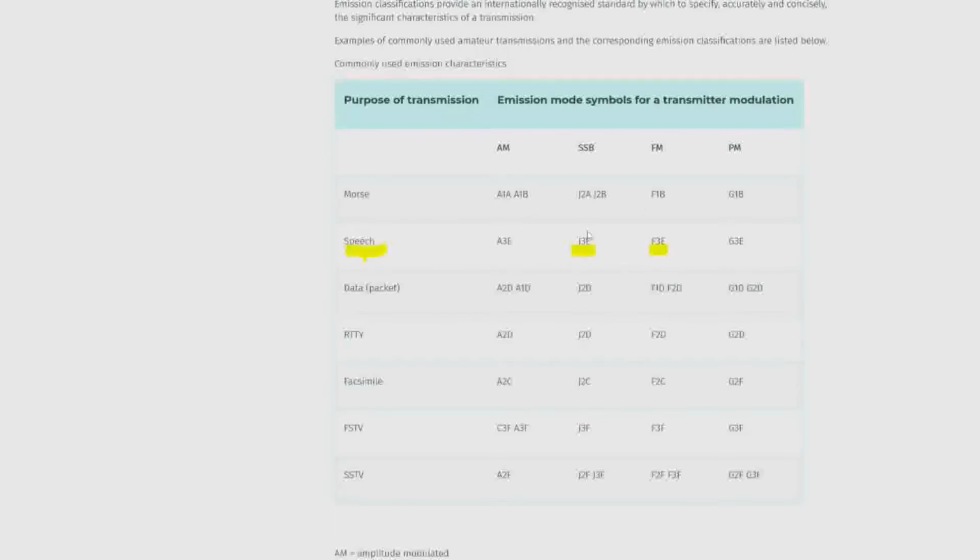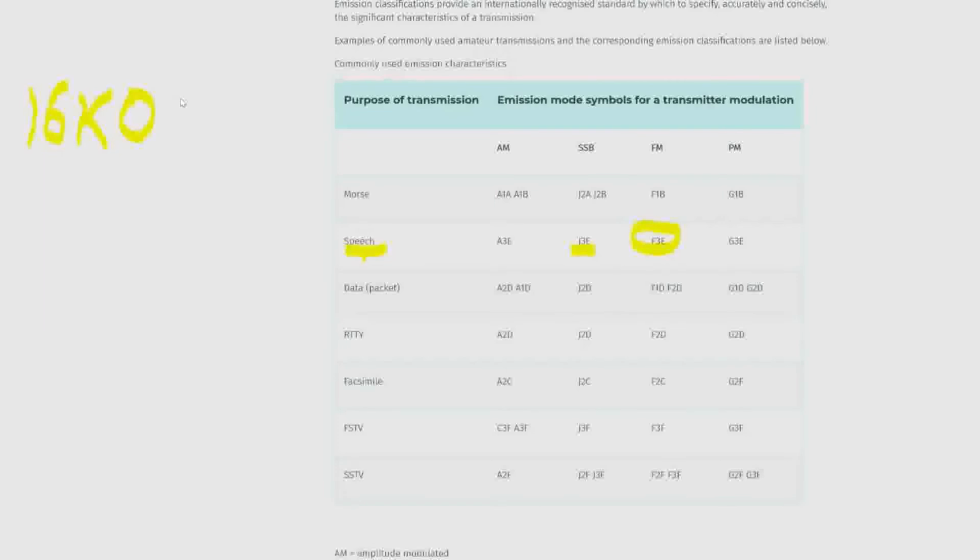Now what these emission codes are not telling you is the bandwidth of the signal, because these signals can be all different bandwidths. FM on VHF on amateur bands can be no more than 16 kilohertz. So the full code for FM would be 16K0, and that's 16 kilohertz.